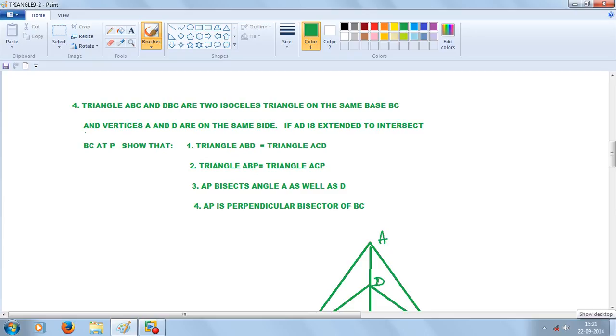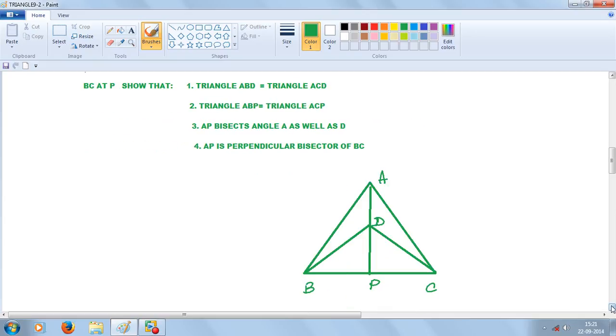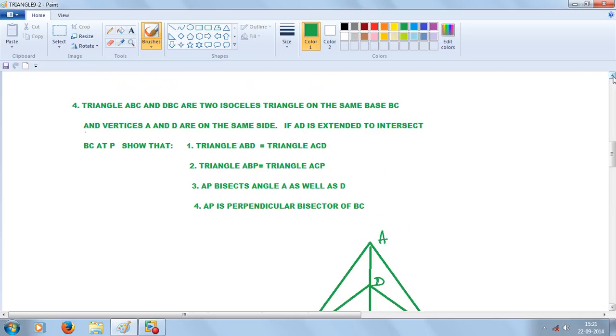So we have now drawn the diagram ABC and DBC. Base is BC. So what is given? AB is equal to AC and DB is equal to DC. These are isosceles triangles, given.